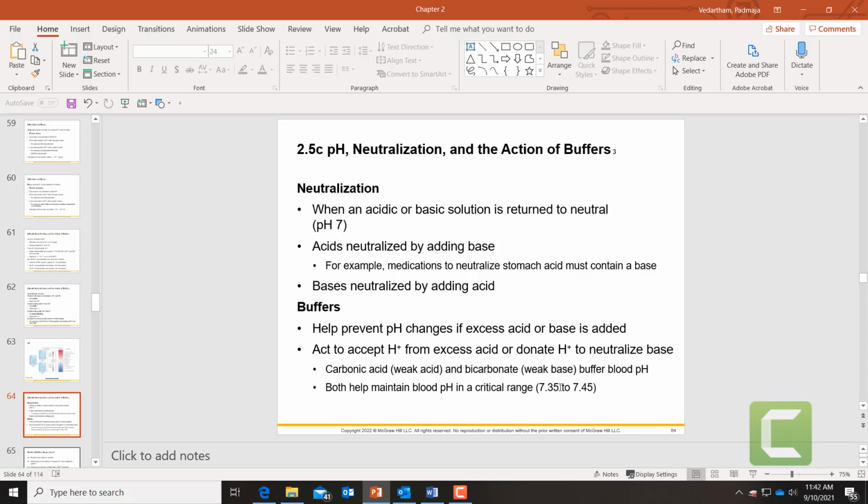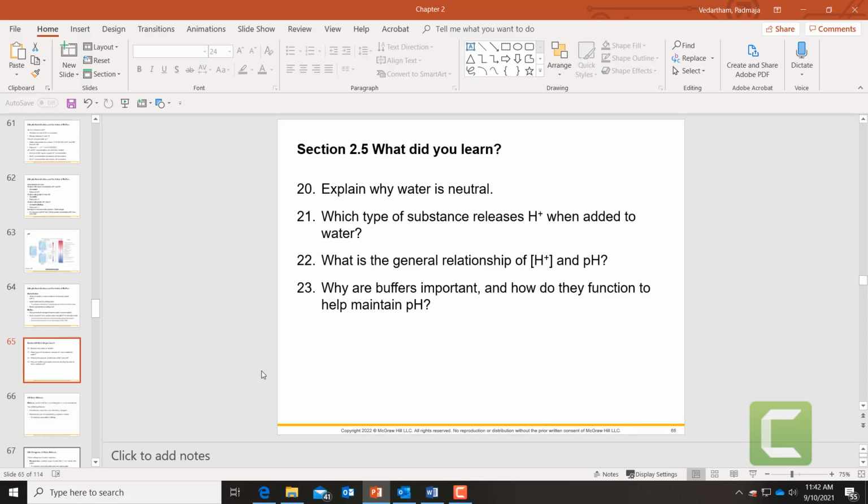Blood has to be between 7.35 and 7.45. So the buffers that are used is carbonic acid, which is a weak acid, and bicarbonate, which is a weak base. So these are added to convert them. So that is why buffers are really important, because if the pH falls below 7.35, at 7, a person is dead.